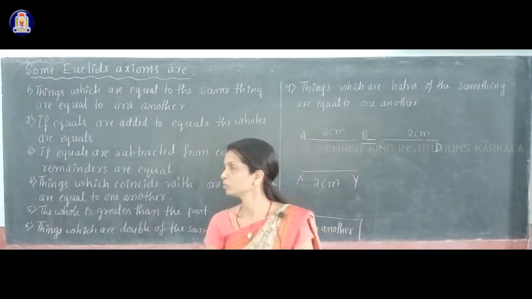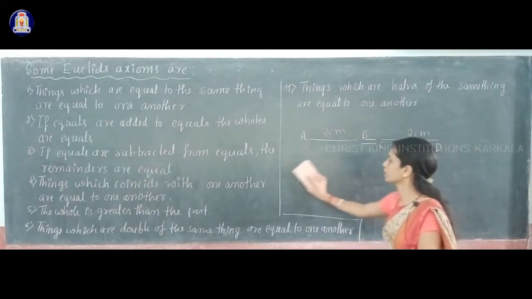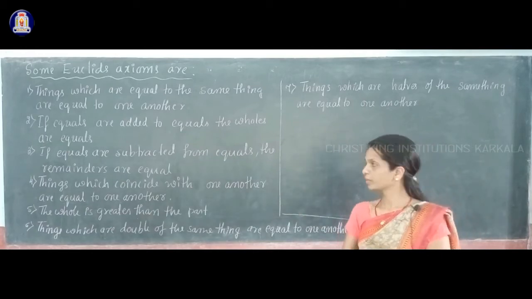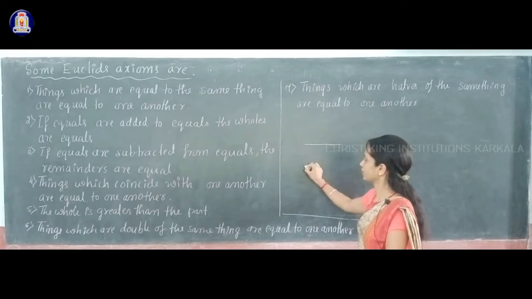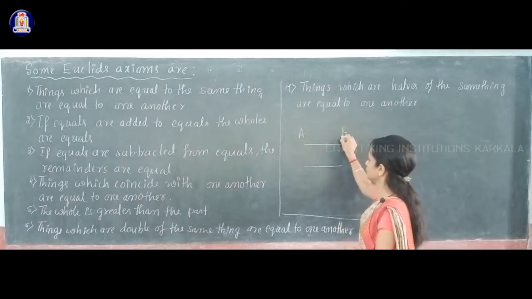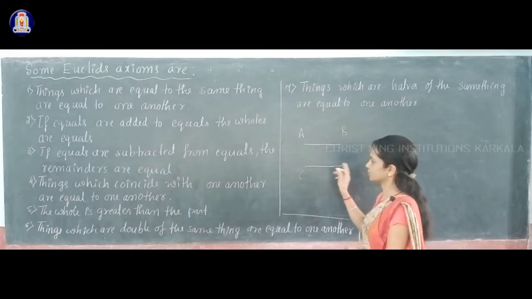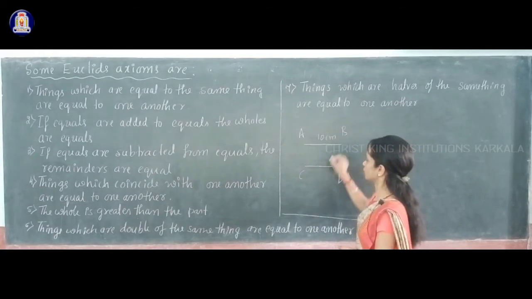Next, axiom 2: if equals are added to equals, then the wholes are equal. For that also I'll take the same line example. I'll take two equal line segments, AB and CD, both equal to 10 centimeter.